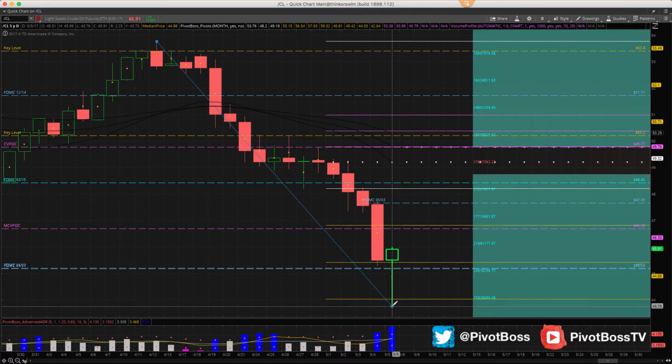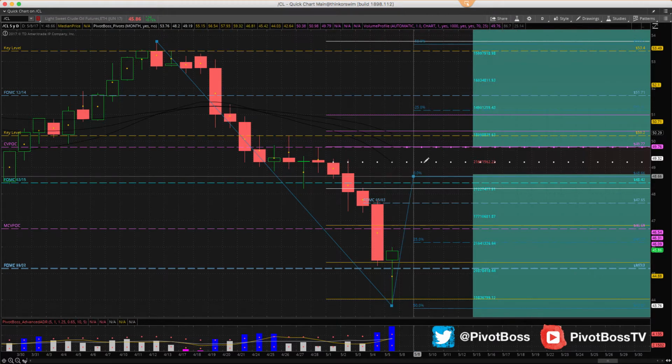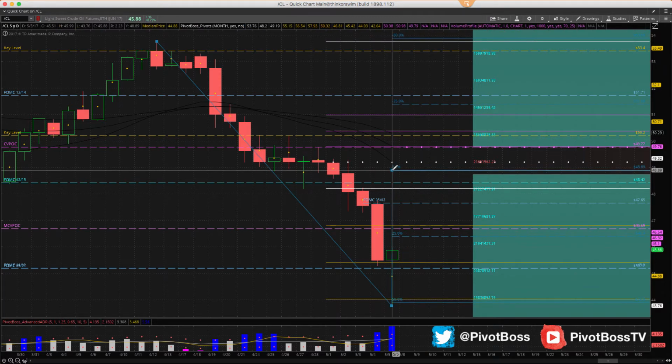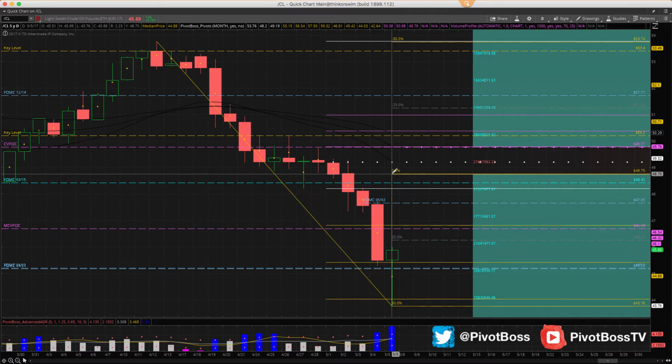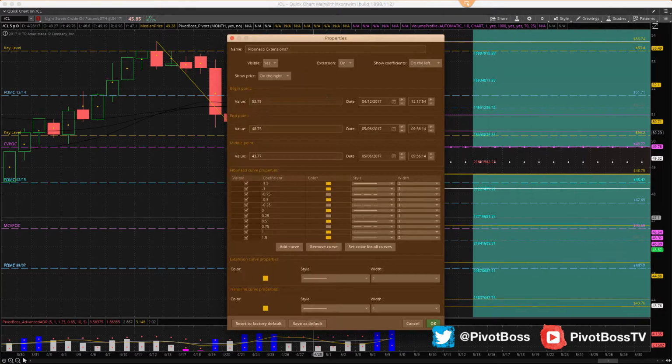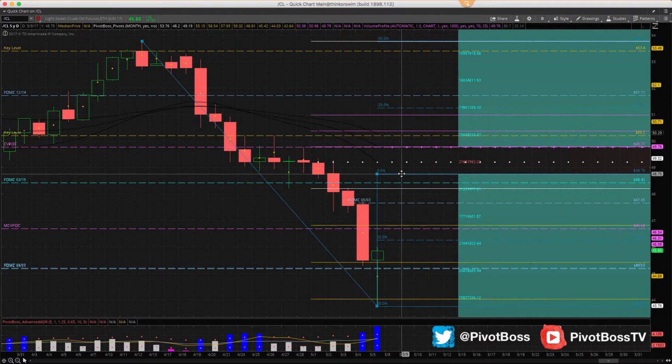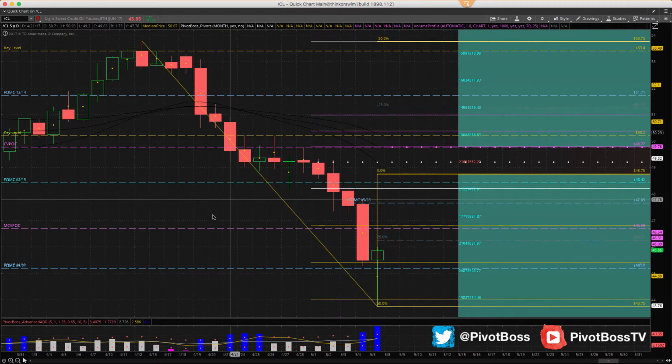Let's see what the low is here. 43.76. $48.75. Let's go 6 there, go 6 there. There you go. So it's about 48.75 would be the midpoint.